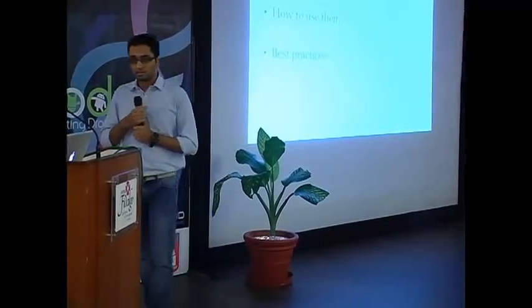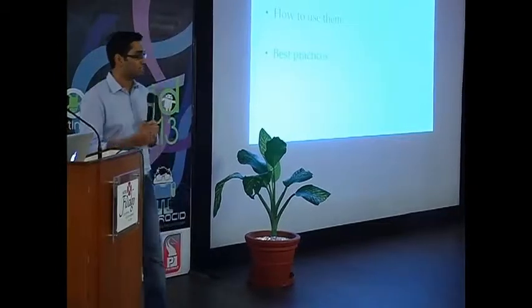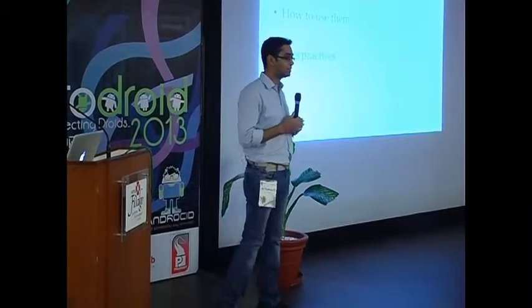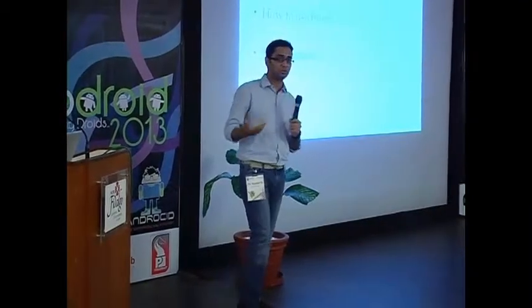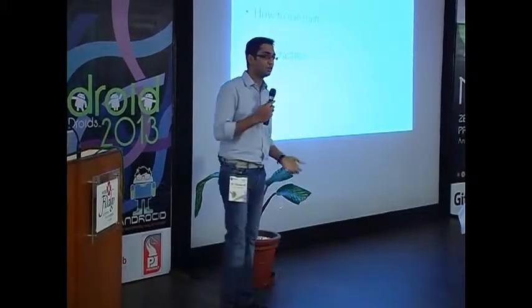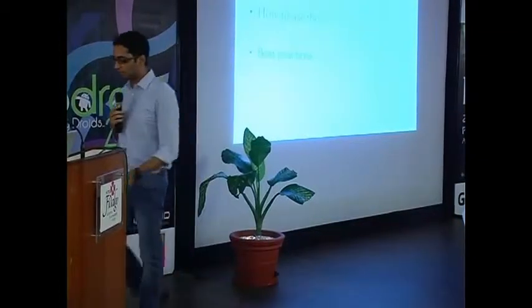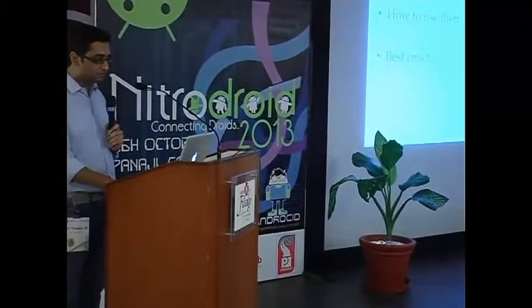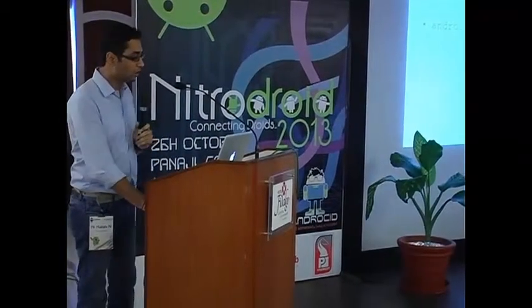Now, the first thing that you have to do when you're working with sensors is that you have to know what sensors are available on your device, right? Otherwise, how are you going to use it? So, the first thing that we look at is how to get that list of all the sensors that are there on your device. To do that, you need to know about two classes in Android.